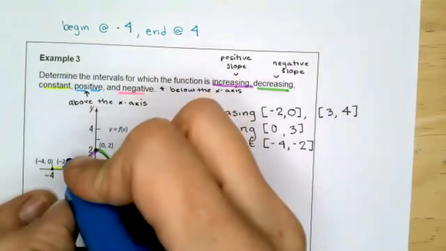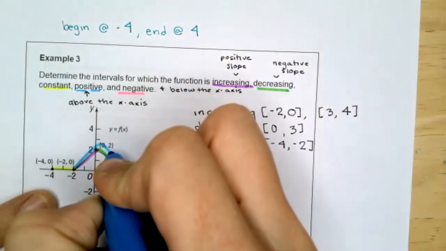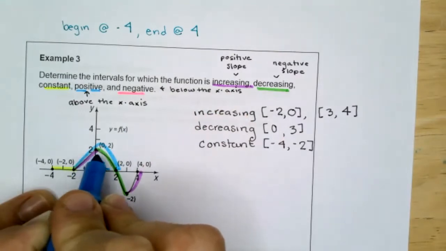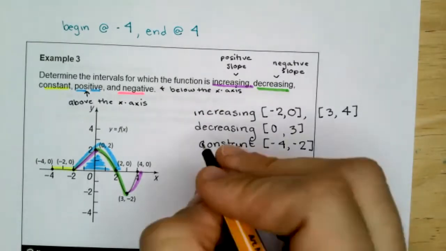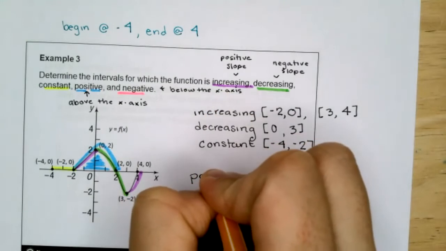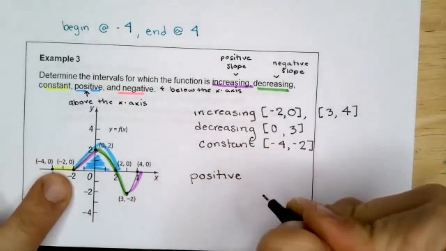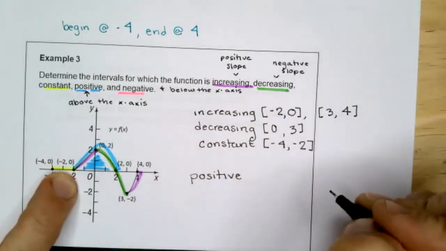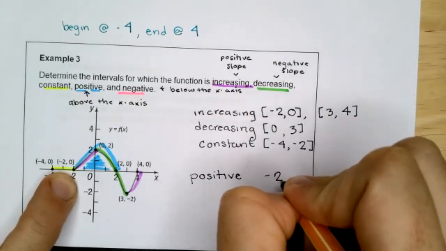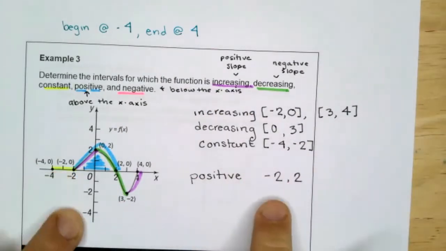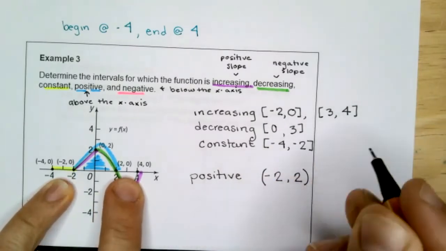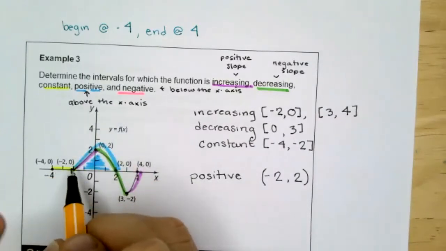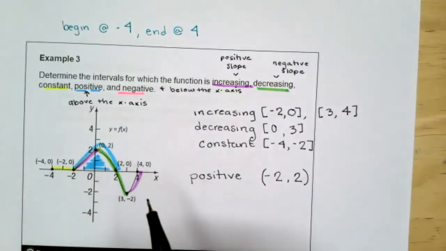From -2 to +2, we are above the x-axis. Good, so I'm going to say I am positive from -2 to +2. These get parentheses because we're not including -2 and +2. Those are at 0, right? We know that -2 is at 0 and +2 is at 0.